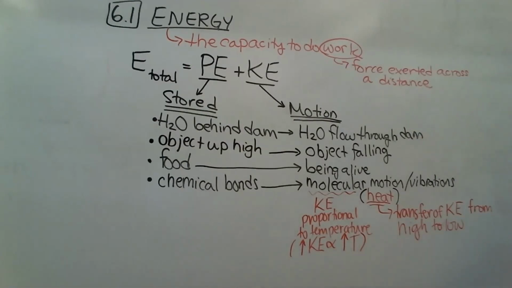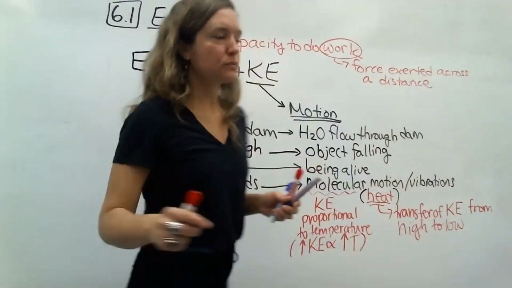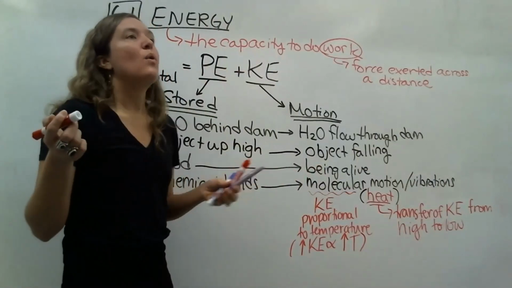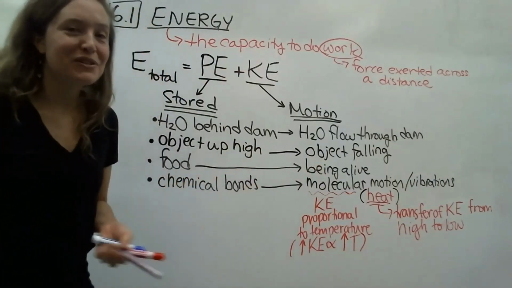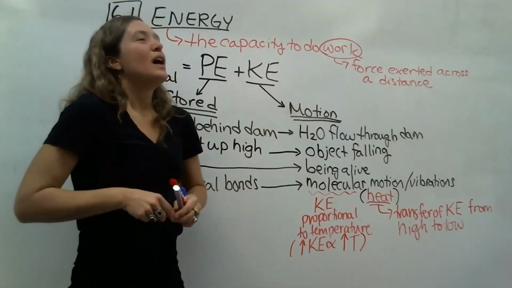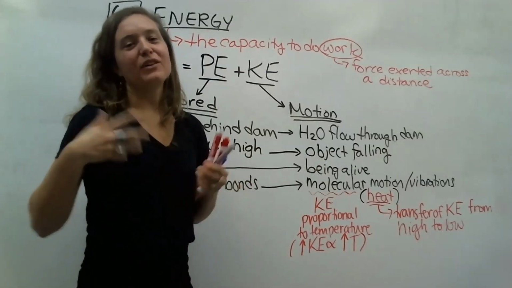And that is how we think on that molecular, on that atomic scale. The more atoms and molecules are vibrating in a substance, the more kinetic energy they have. If you're taking a temperature with a thermometer, the hotter the substance, the greater the kinetic energy.